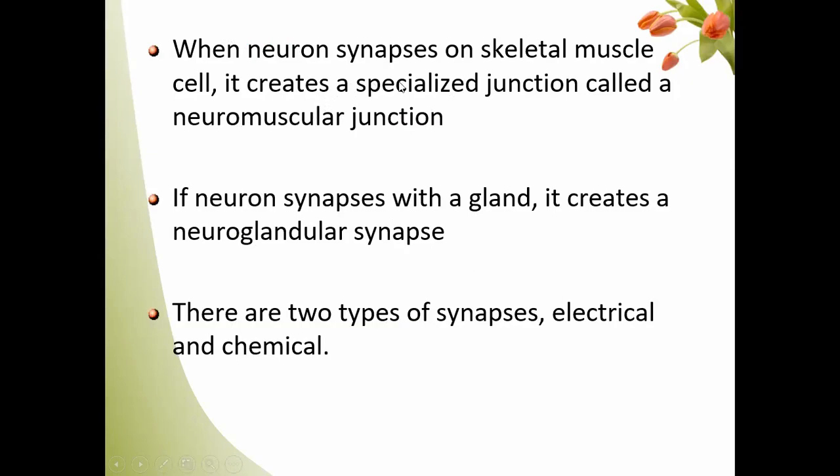When a neuron synapses on a skeletal muscle cell, it creates a specialized junction called the neuromuscular junction. So, the neuromuscular junction is a synapse between neurons and skeletal muscles. If the neuron synapses with a gland, it is called a neuroglandular synapse, the synapse between the neuron and gland. There are two types of synapses, electrical and chemical.